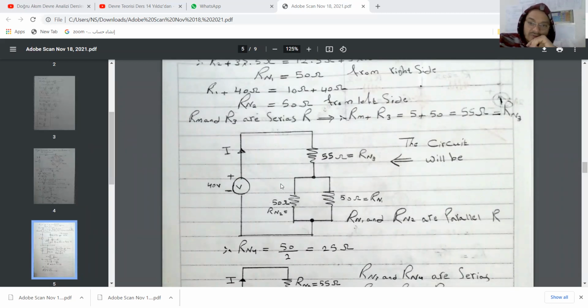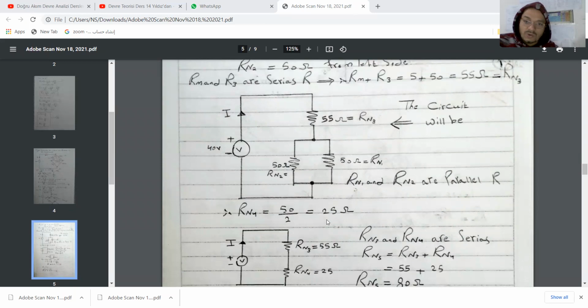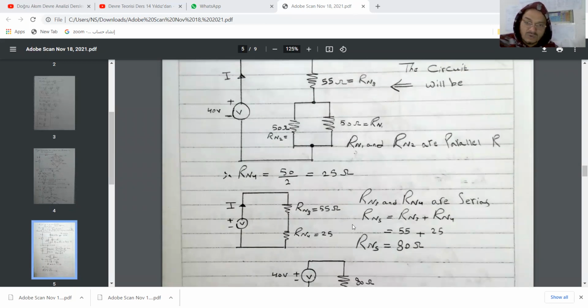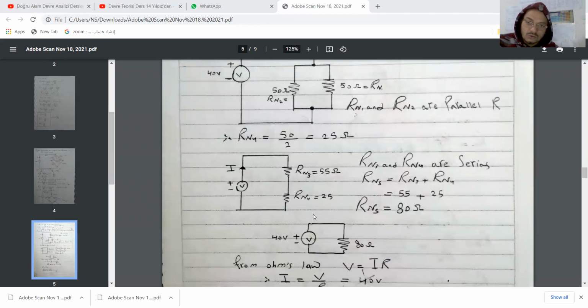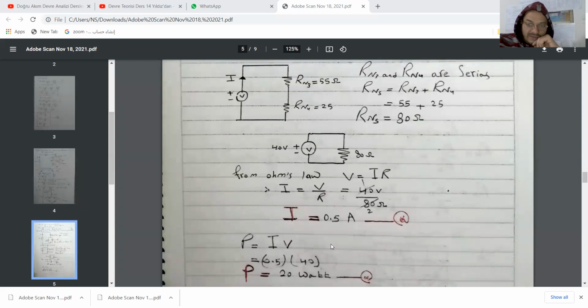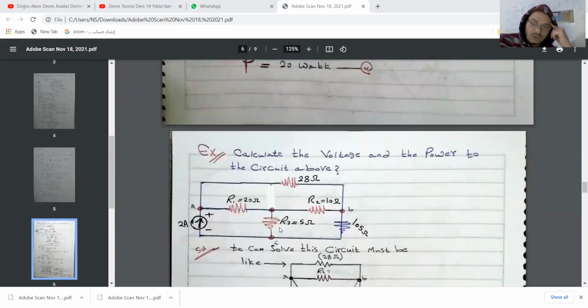Here we have two parallel resistances, that means 50 times 50 divided by 50 plus 50 will equal 25 ohm. Now we can calculate all of this to be 80 ohm. From Ohm's law, current equal 40 divided by 80 equal 0.5 ampere, power equal current times voltage equal 20 watts.